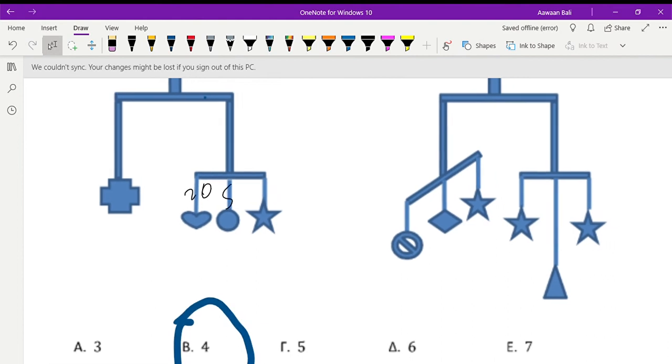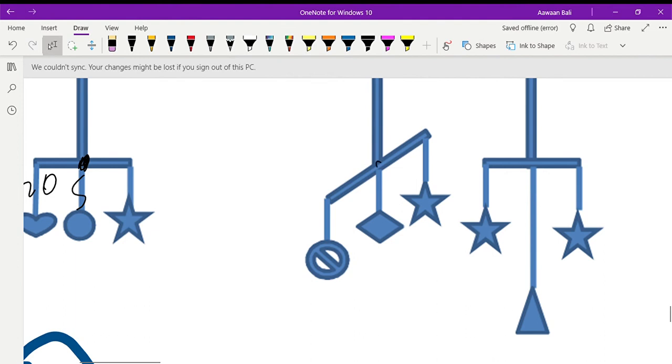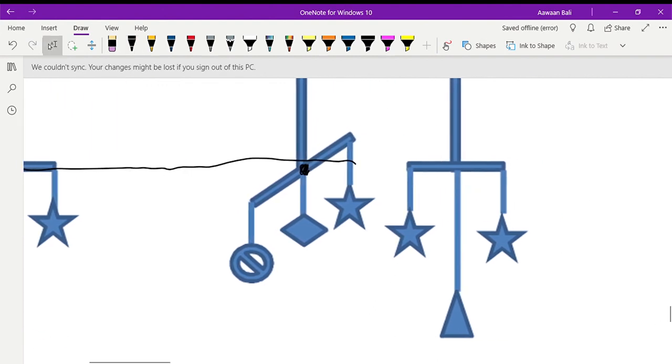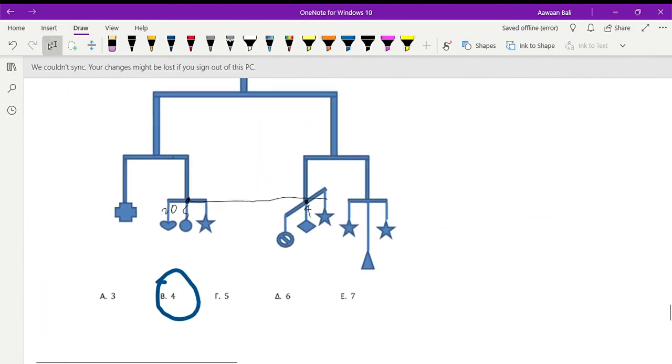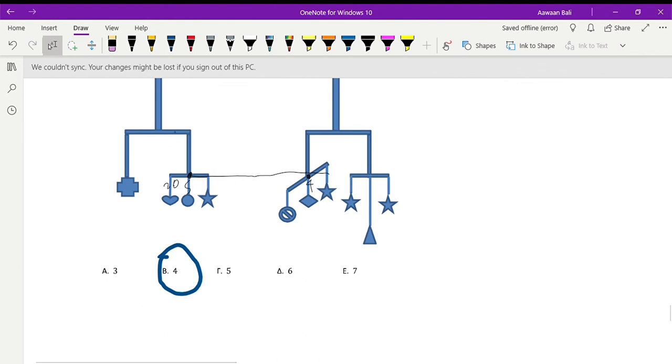The easiest shortcut is that since all of them are balanced, you can check this and then you check this. The thing is, they're actually slightly different, just slightly different by 1 centimeter. So you can say this is 4, and already you got the answer, because the maximum possible mass is 4. When you look at them lined up, all of them have to be corresponding. This is a scale.